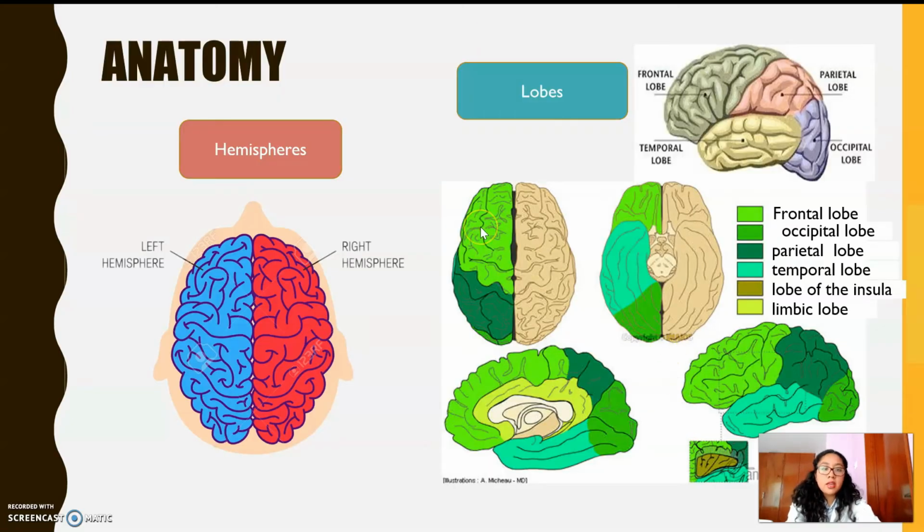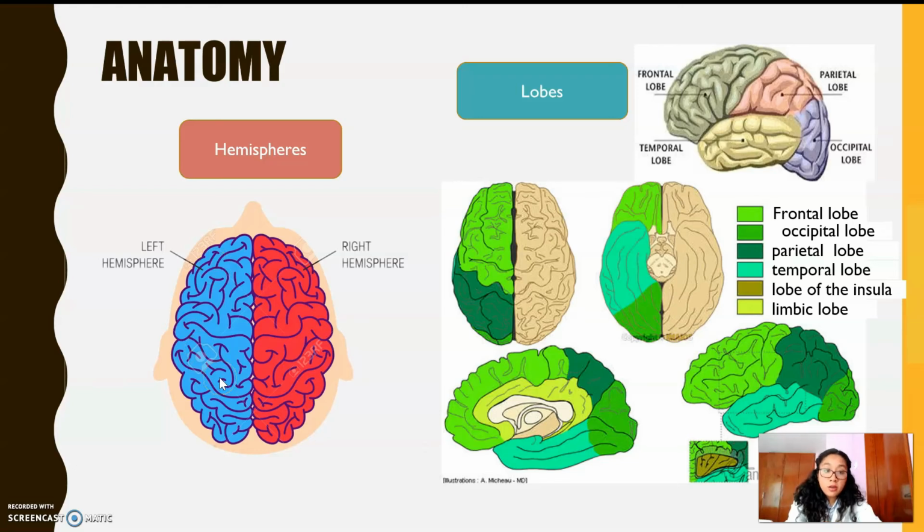Now I will explain how we study the brain. For its study, we divide the brain in two parts, two hemispheres, the right hemisphere and the left hemisphere.